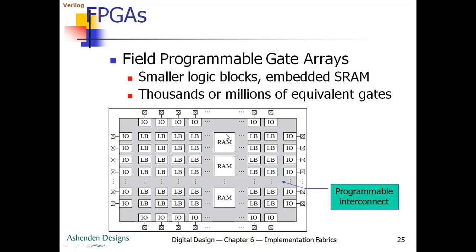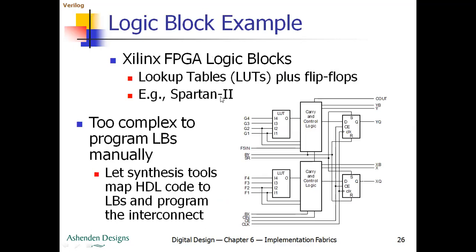The RAM will be holding the configuration bits, along with the data to be processed. We also find the use of the programmable interconnect, and these interconnect lines run in between these logical blocks.